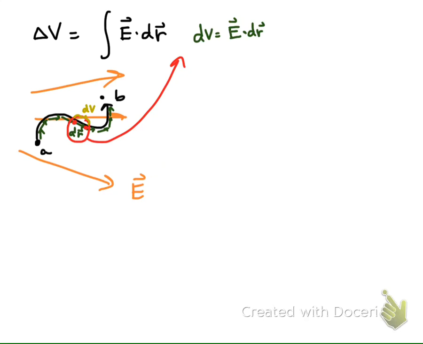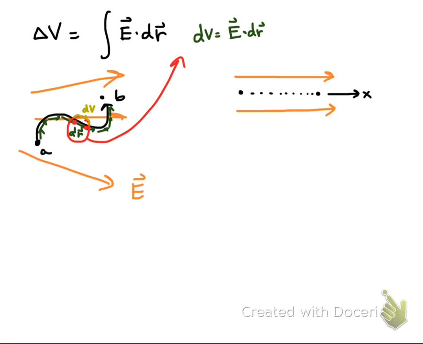Now let's first see a simple example, that is, if we have an electric field pointing along the x-axis, and we want to calculate the potential difference between 2 points along the x-axis.